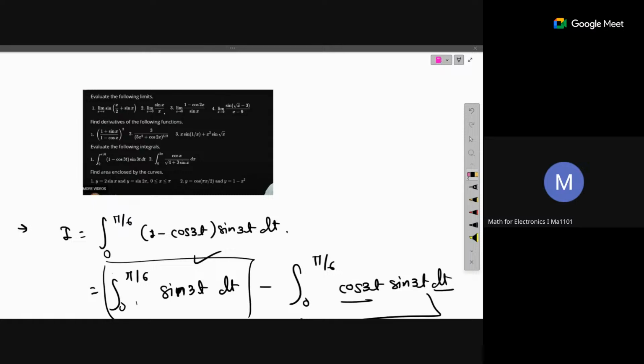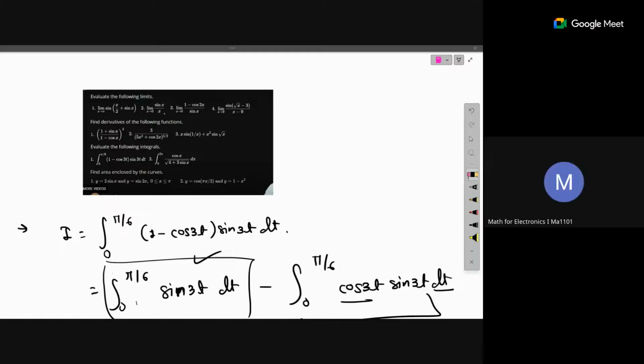Any other doubt? In the first limit, first you have to use the continuity of sine, so you can take the limit inside and then compute. In the second, L'Hopital rule. Third also L'Hopital rule.